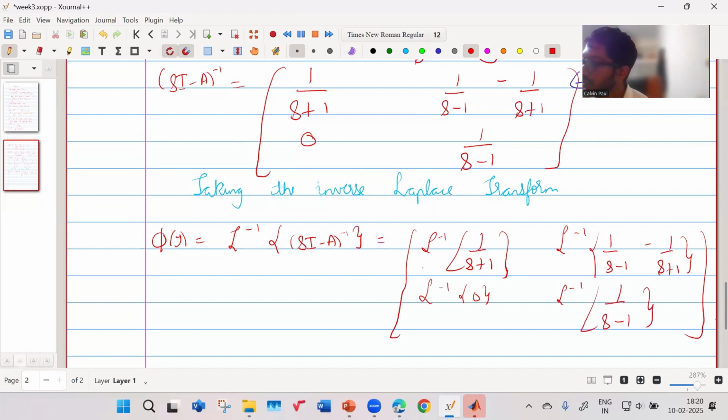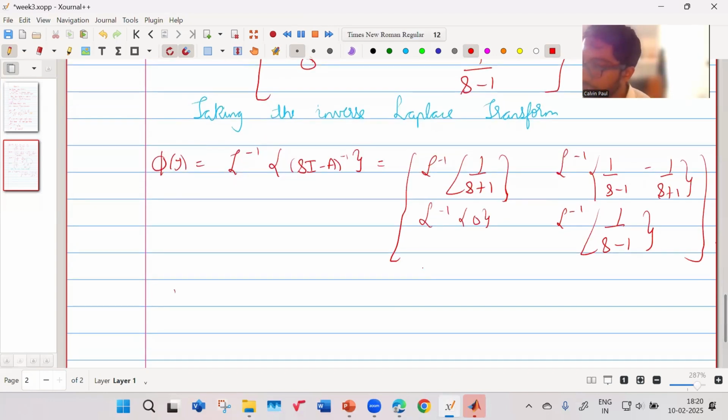So phi of t is: the inverse of 1 upon s plus 1 is e raised to minus t; then e to the power t minus e raised to minus t; the Laplace inverse of 0 remains 0, and the Laplace inverse of 1 upon s minus 1 is e to the power t. So this is the state transition matrix found for this A.